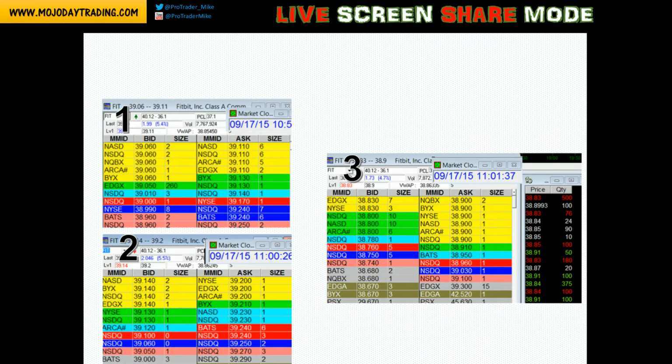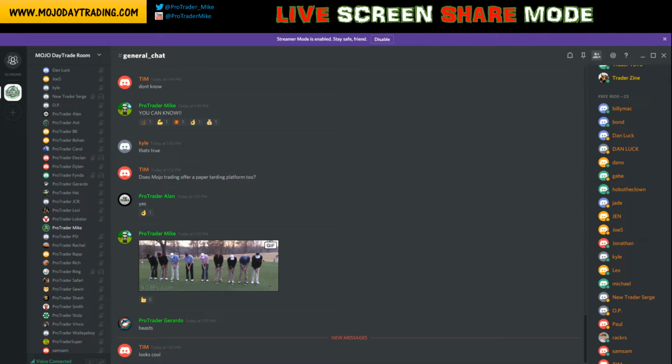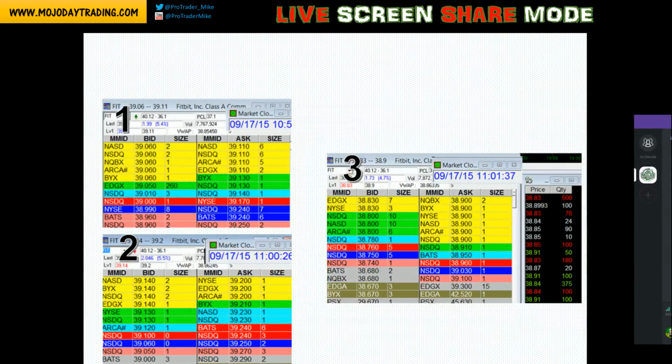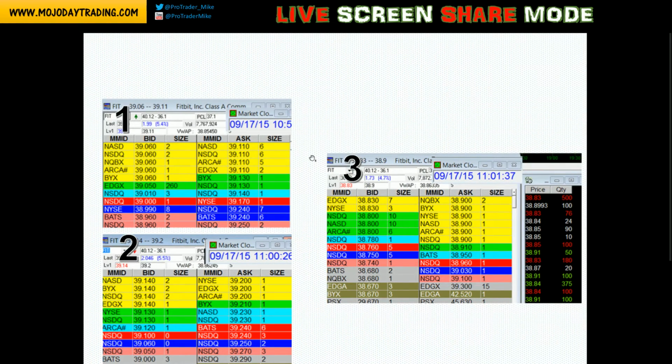Okay, look. You see this one? Traders, no mojo. Which way is this going, guys? Higher or lower? Look. Fitbit. 39.06 by 39.11. You see it in number 1?